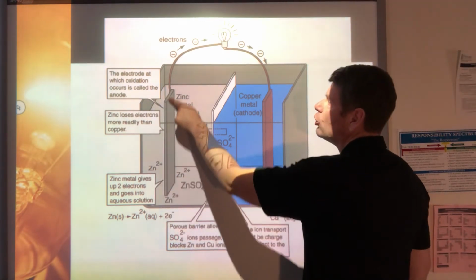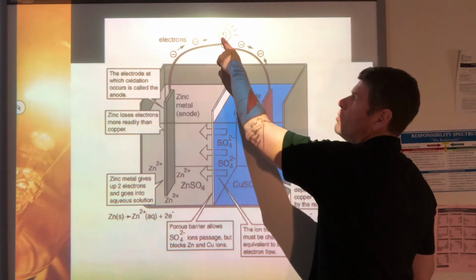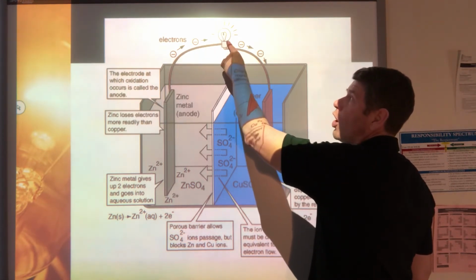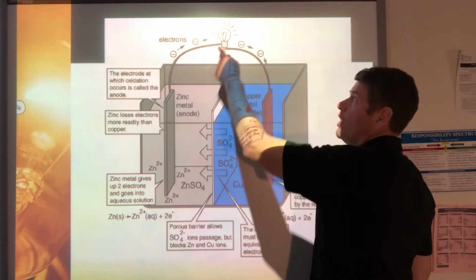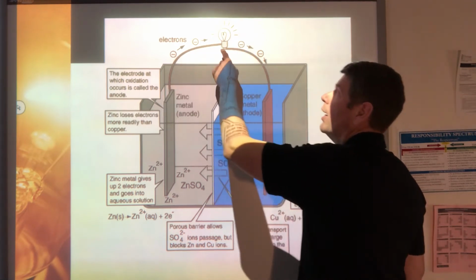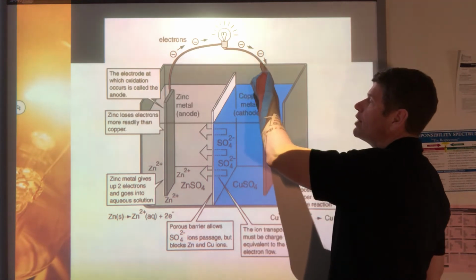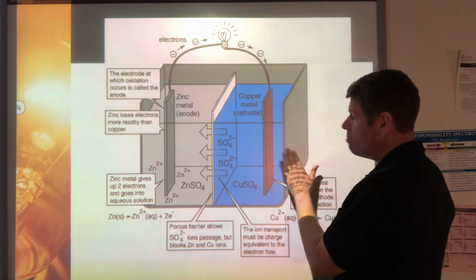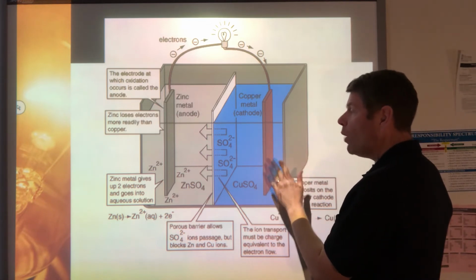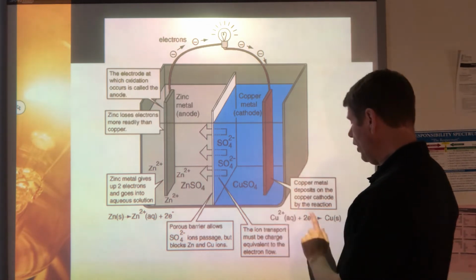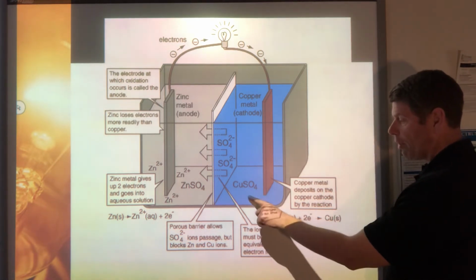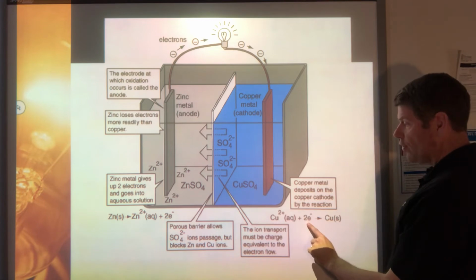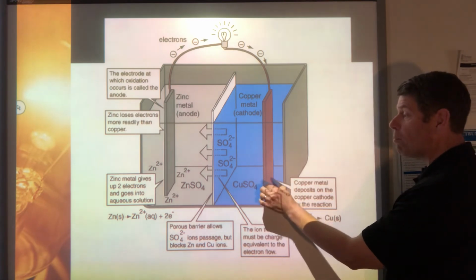If we follow the electrons, they're flowing through the wire. They might even be able to power, in this case, a lamp. So the electrons are losing some energy to the lamp so that the lamp can do its thing. The electrons continue to the copper metal electrode, where the copper ions in solution gain the electrons, and copper starts to build up.